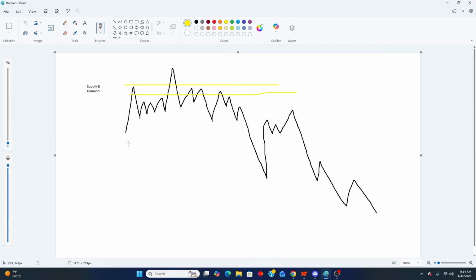You'll have a supply zone somewhere here, here, here, here, and here.